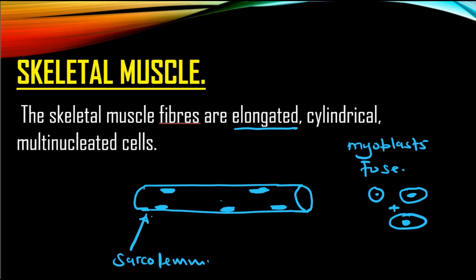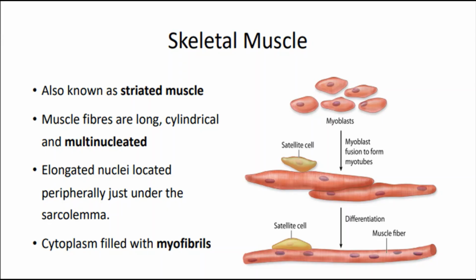So the multiple nuclei found in the skeletal muscle are just beneath the sarcolemma. This is a characteristic that is specific to skeletal muscle. They are multinucleated, they are elongated, and they are cylindrical.